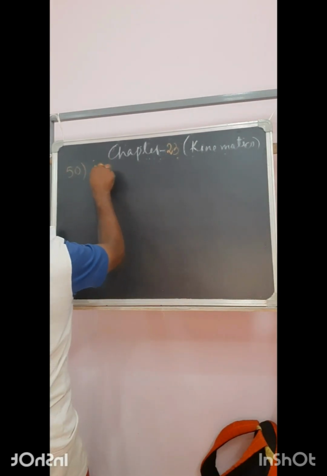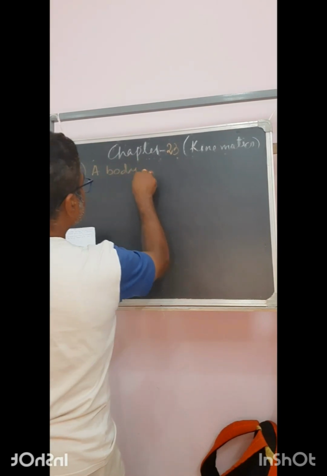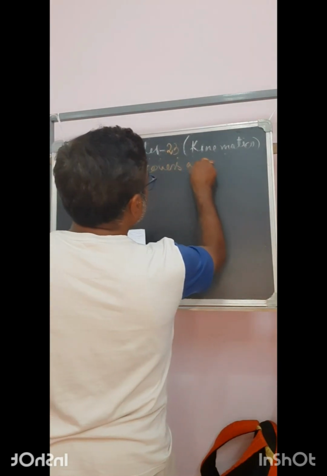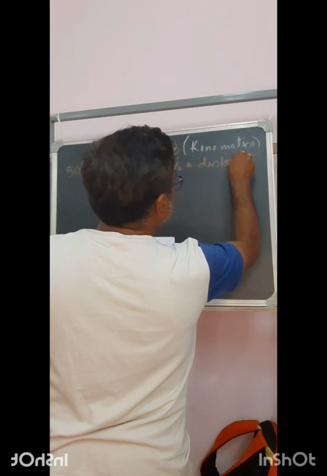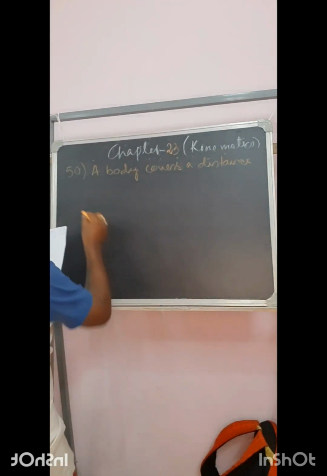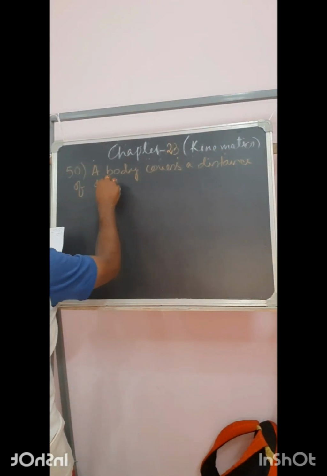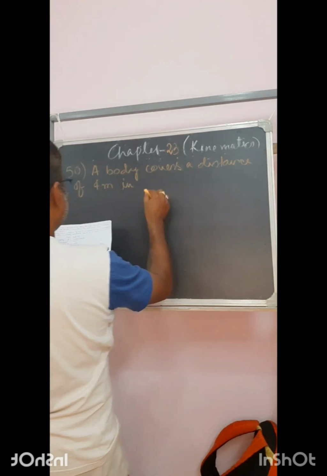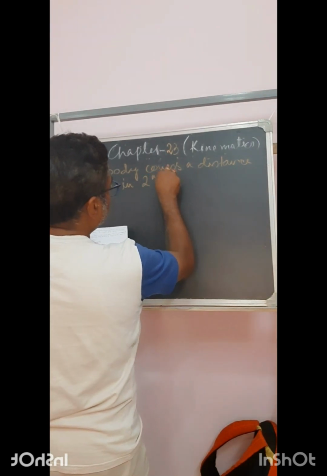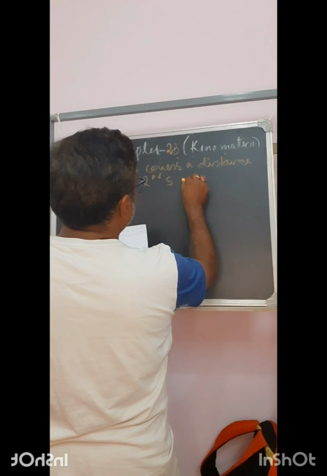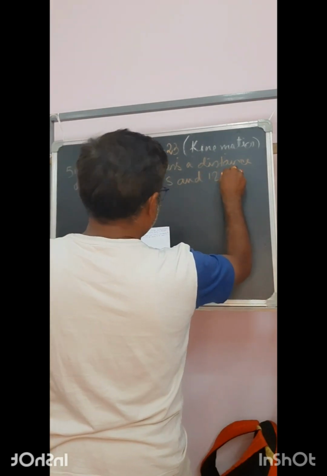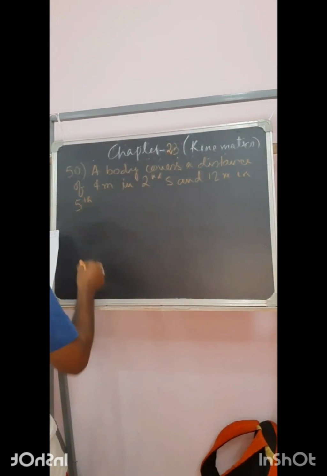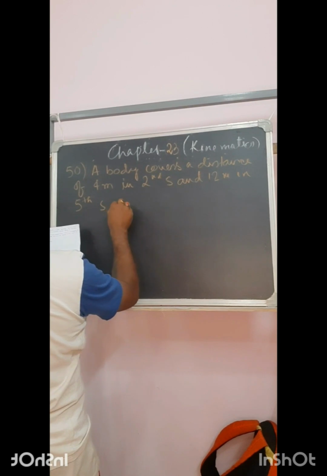It says a body covers a distance of 4 meter in the 2nd second and 12 meter in the 5th second.